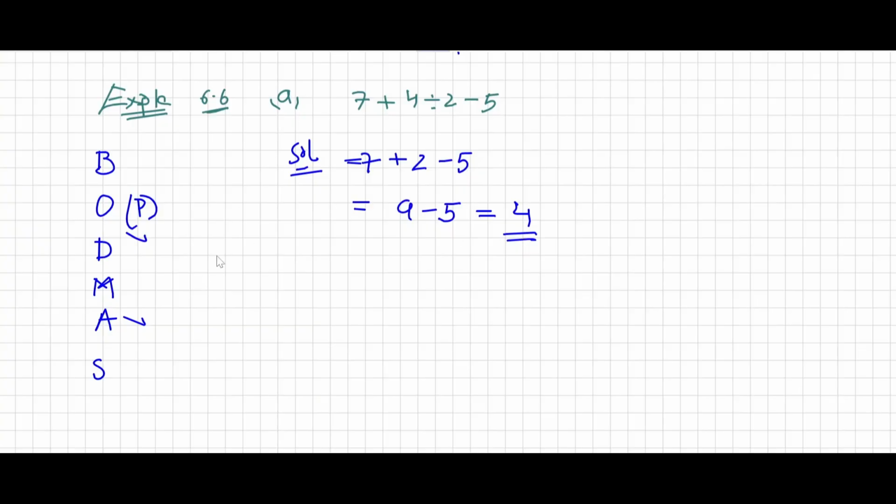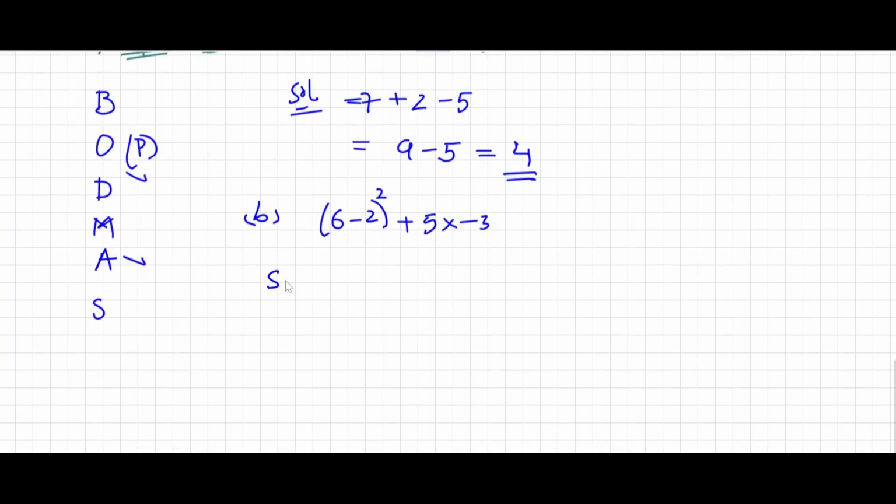So in part B, the question is saying 6 minus 2 to the power 2 plus 5 into minus 3. So let's resolve it. Solution: B for the brackets, so resolve the brackets first.